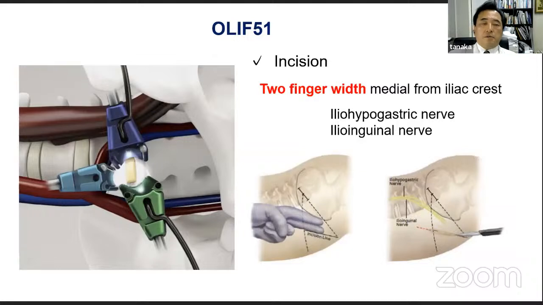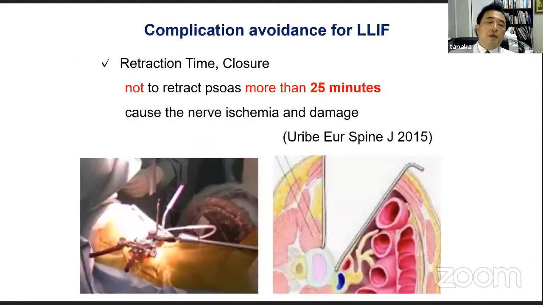OLIF 5-1. Two finger widths from iliac crest is very important to not injure the hypogastric nerve and ilioinguinal nerve. If you retract the psoas muscle more than 25 minutes, it's a high risk of lumbar plexus palsy because of the nerve ischemia and direct damage.